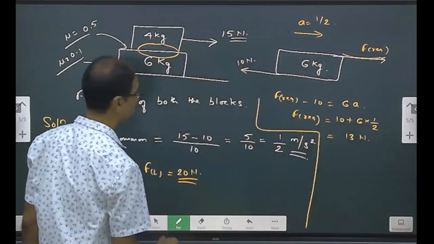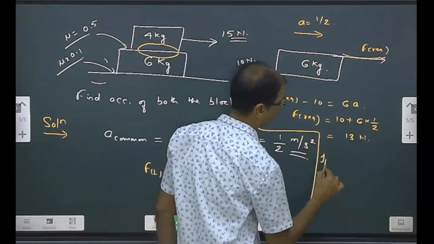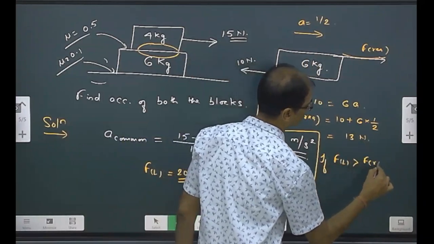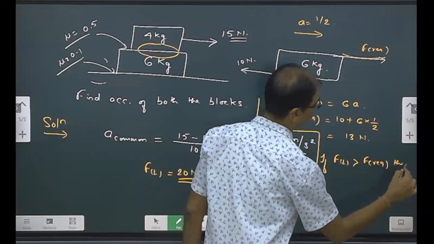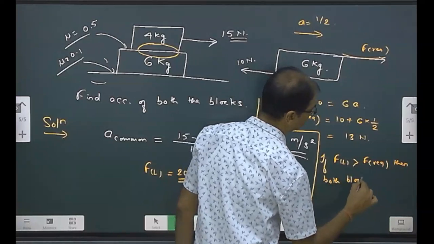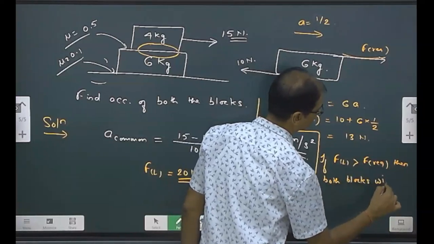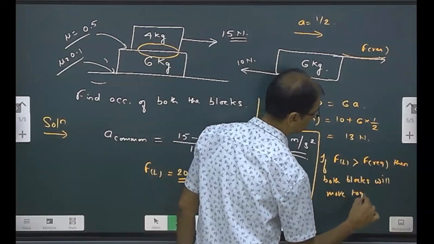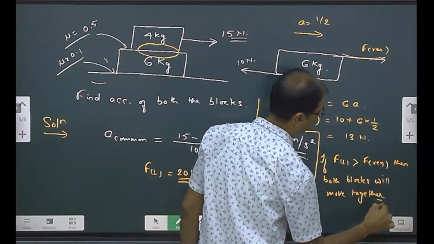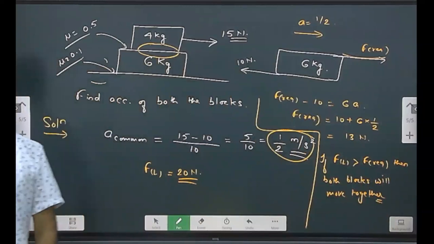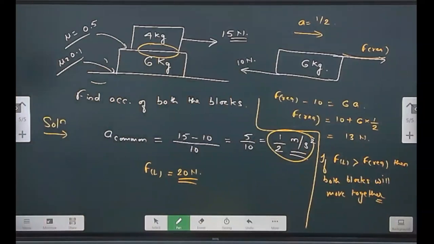Now we know if FL is more than F required, then both blocks will move together. So if they are moving together, our answer is half. Is this clear? Yes, sir. Okay. Note it.